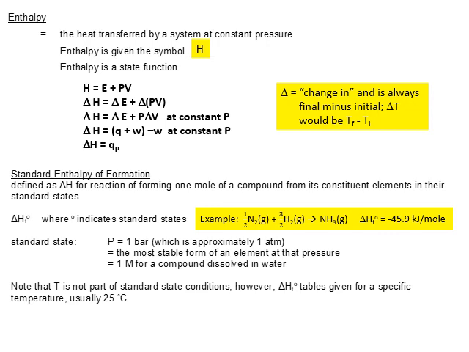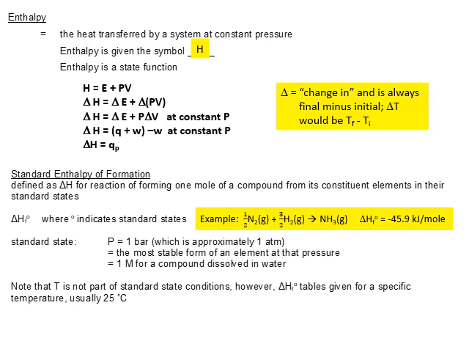Standard states refer to the conditions of the reactants and products. If the chemical species is a gas, the standard state will be when the pressure is equal to 1 bar. If the chemical species is an element, the standard state is the most stable form of that element at that pressure.